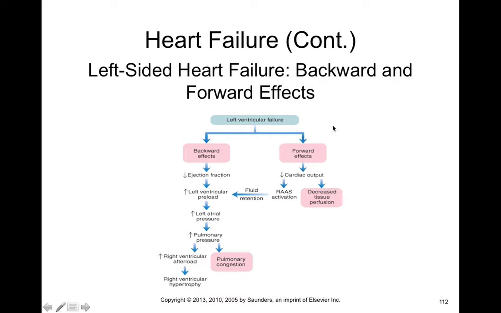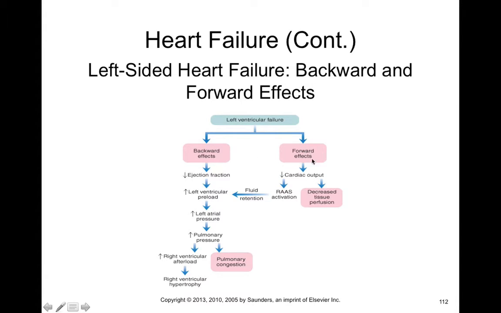Now, some of the forward effects of left ventricular failure, well, we know the left ventricle pumps blood to the aorta, which then brings blood throughout the systemic circuit. So the forward effect of left ventricular failure would be a reduction in cardiac output, so decreased tissue perfusion throughout the body, right? All the systemic circulation would have a decrease in blood flow due to that decrease in cardiac output because the left ventricle is failing to keep that blood flowing.